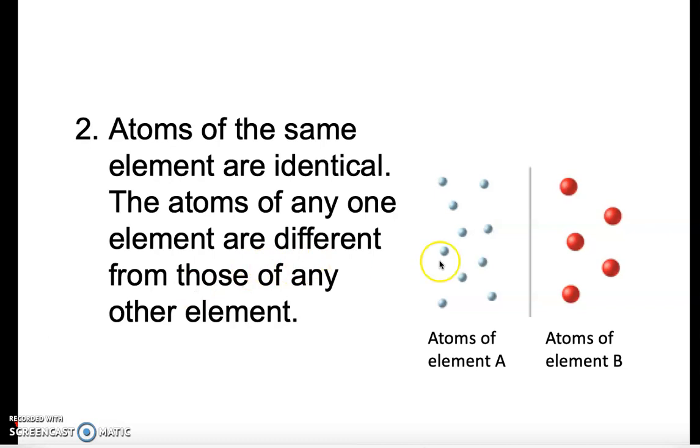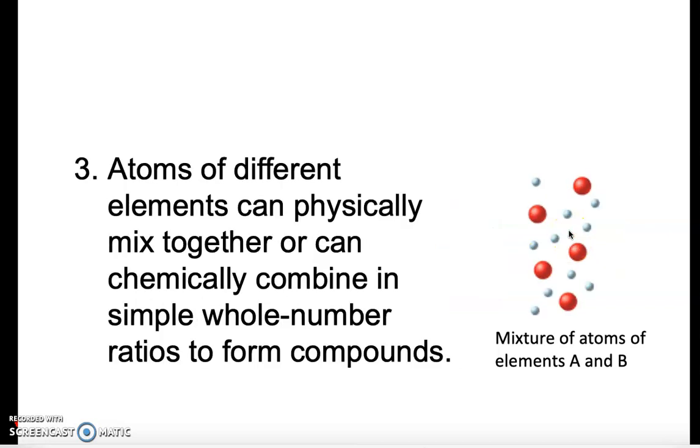So like, let's just say you had silver and gold. They're going to be completely different. Third part is atoms of different elements can physically mix together or can chemically combine in simple whole number ratios to form compounds.